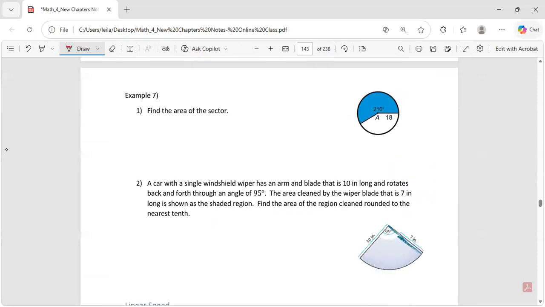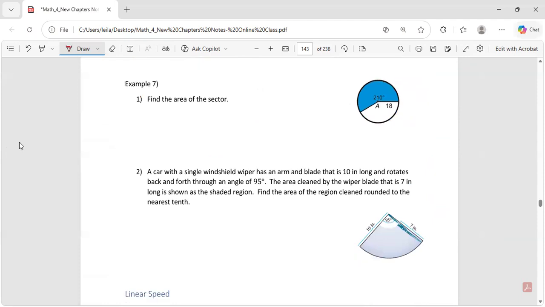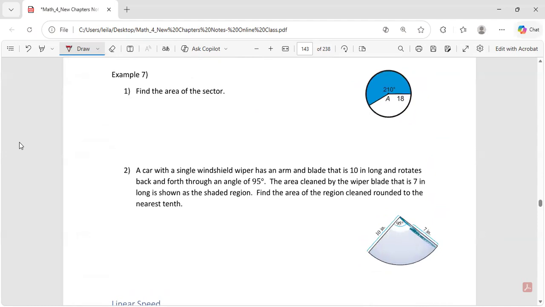We want to find the area of the sector. Okay, one sector is shaded in blue, and we want to find the area of that sector. So to find the area of a sector, we need to have the radius and the angle. The radius of the circle is 18.